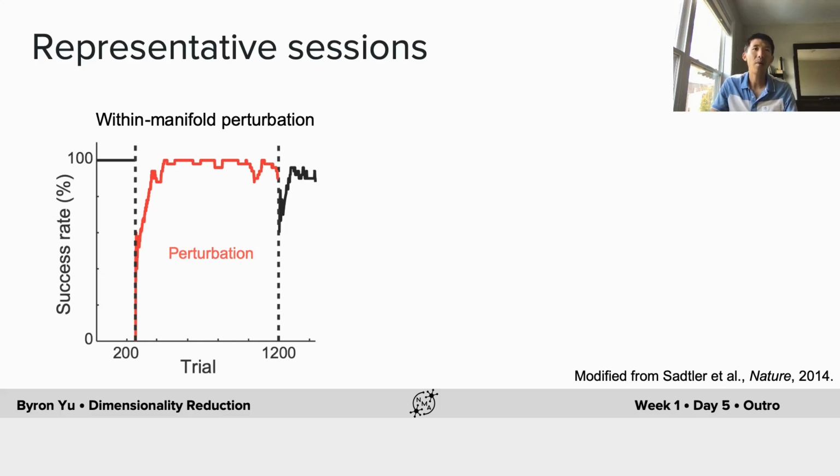And at some point during the experiment, unannounced, we switch the mapping, and as you would expect, performance goes down. And through trial and error, the animal can learn to use this new mapping. And what you see here is that the animal gets back to near 100% correct. And at the end of the session, we then give the animal this intuitive mapping again. So you see here substantial learning.